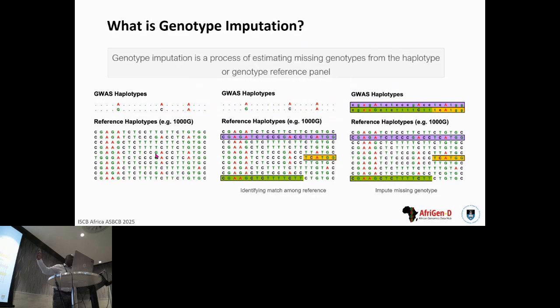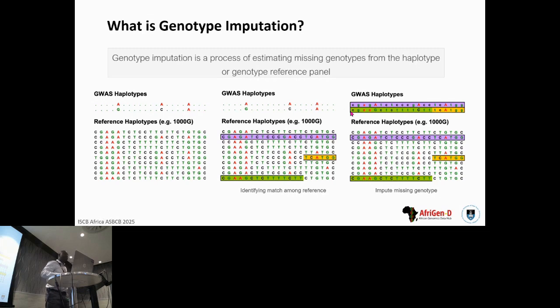So you can use this technique to try to fill in those missing sites or genotypes by using what we call a reference panel, which is basically a set of dense or complete haplotypes that you can then use to try to identify matches from your reference genome so that you can fill up your data sets.